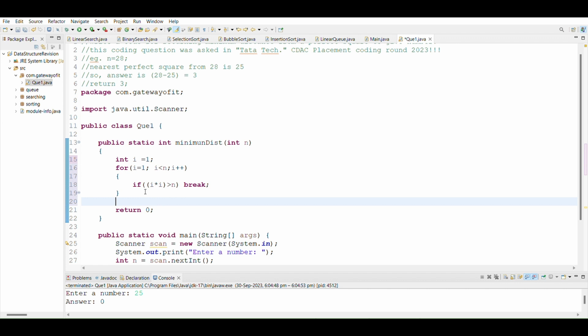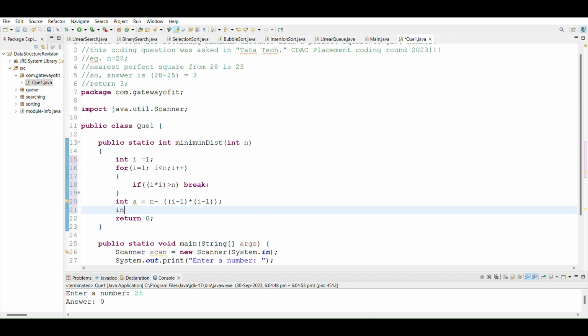So here I am writing two integers: integer a, in which I am taking n minus (i minus 1) into (i minus 1), and integer b, which is i into i minus n.